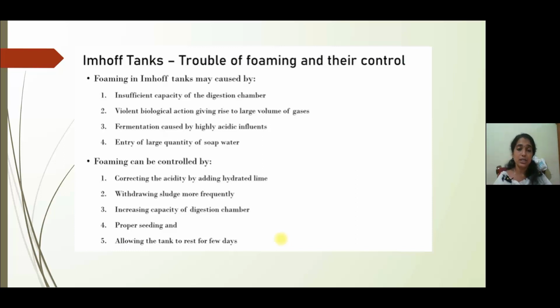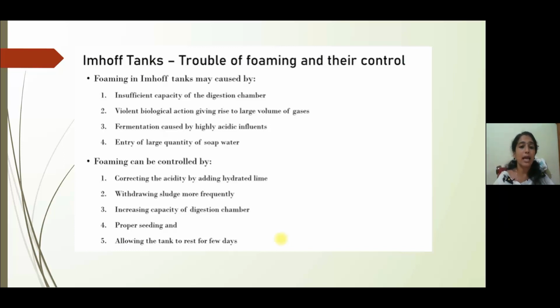That is, if the digestion chamber has an insufficient capacity and we are loading a large quantity of sewage into it, then the digestion chamber will be overloaded and the sludge layer will be thicker than the designed value. Then it will create problems like foaming.